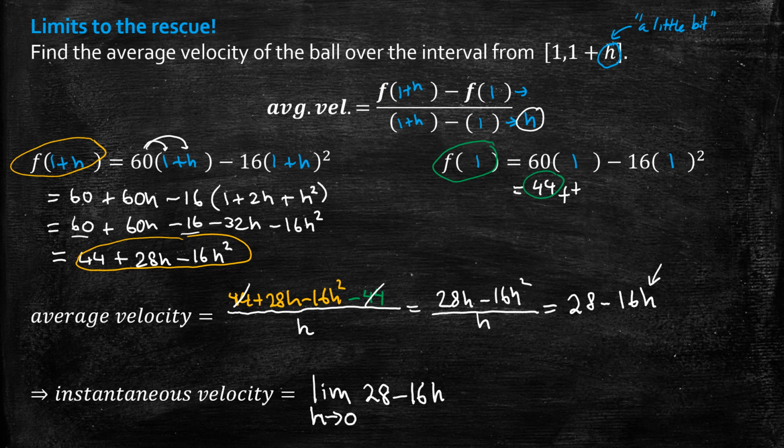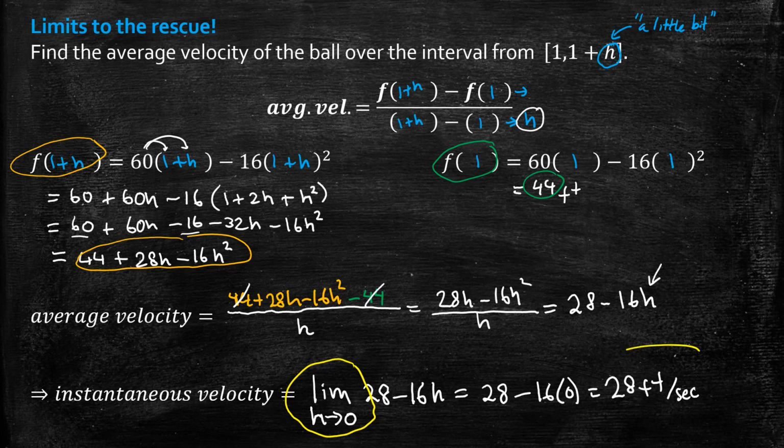Hence, we need our favorite concept thus far in calculus, the limit. The limit of this as h goes to 0, well, that's completely legal. I can just plug in 0 for h, and I'm left with 28 feet per second, which is what we predicted in the previous slide. Look at us go.